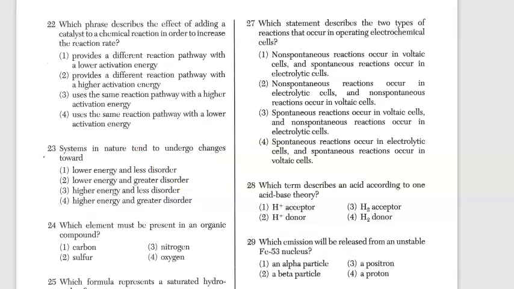Which statement describes the 2 types of reactions that occur in operating electrochemical cells? 2 types of cells, your voltaic, that's spontaneous, that's going to produce electrical energy from chemical, and then your non-spontaneous, which is your electrolytic cell. That's where it requires electrical energy to get a chemical reaction started.